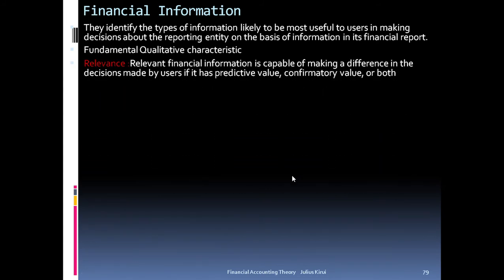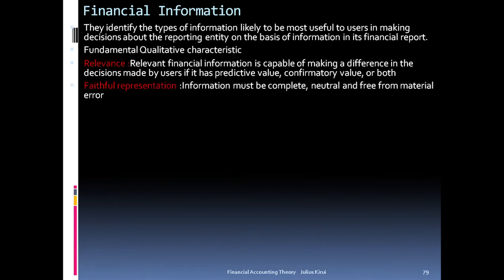Relevance: the information must be relevant. Relevant information is capable of making a difference in the decisions made by users if it has predictive value, confirmatory value, or both. Number 2, faithful representation. Information must be complete, neutral, and free from material bias.